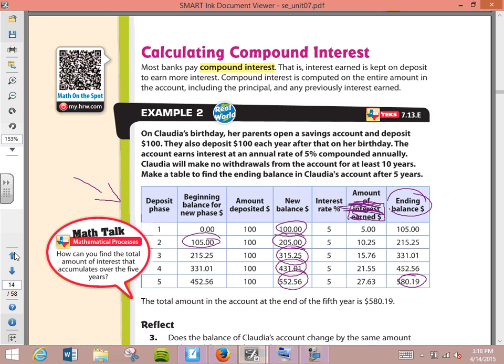How much interest have you earned in 2 years? What? I am really shocked. I'm going to ask you one more time. How much interest did you earn in 1 year? How much interest have you earned in 2 years total?